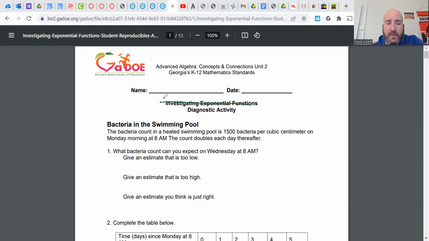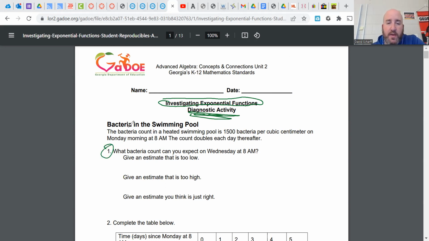I would put investigating exponential functions at the top of your paper. You can put diagnostic activity on the first line of your paper. And if you want to put bacteria in the swimming pool on the second line, you can. You don't necessarily have to. You could just go ahead and start with number 1.